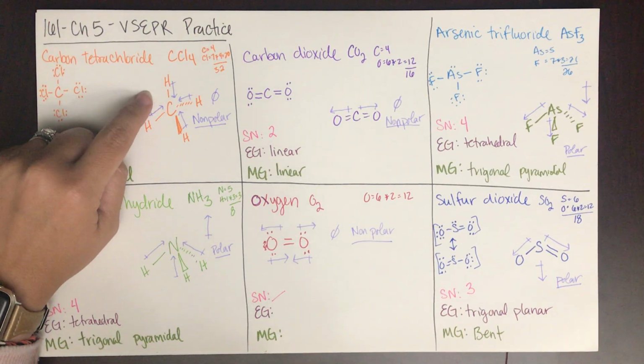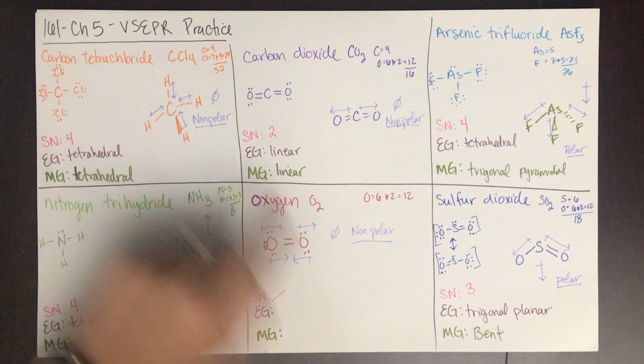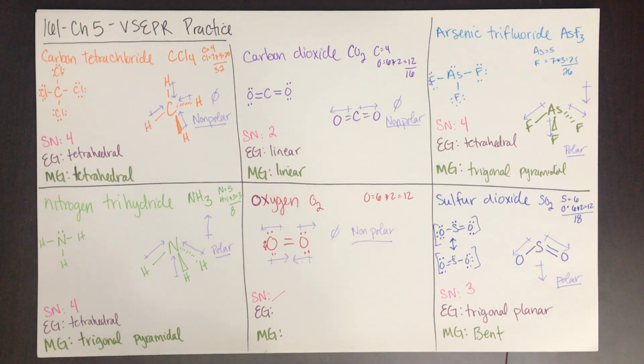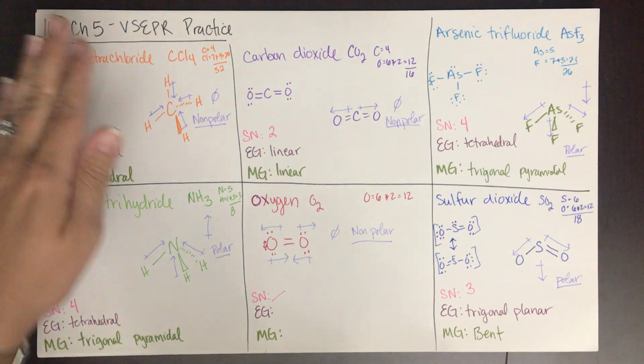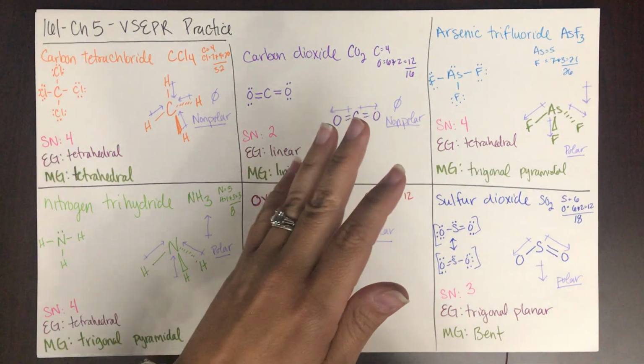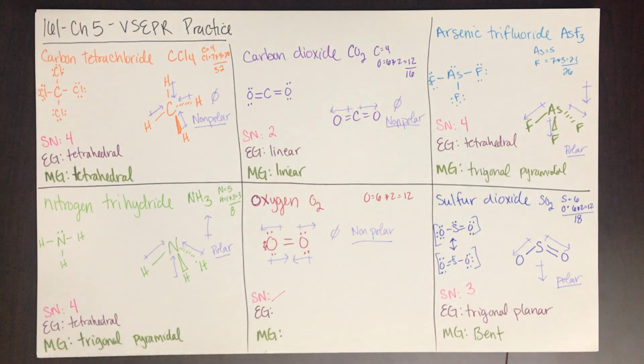You should be able to draw the molecular structure, and then you should be able to assign vectors to tell if this molecule is polar or not. In the next chapter, we're going to talk about intermolecular forces, and knowing if a molecule is polar or not is going to be very important. So all the way from back in chapter 3, we're going to need to use all of these pieces of information to answer these questions.